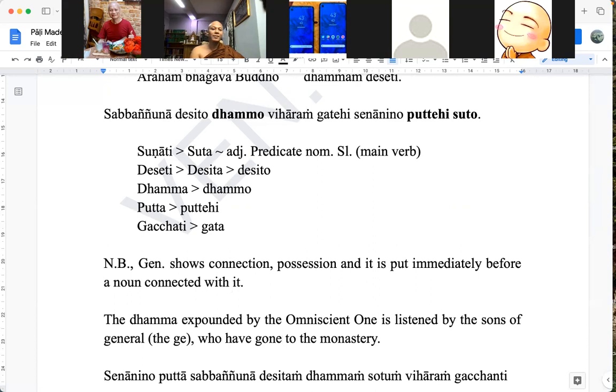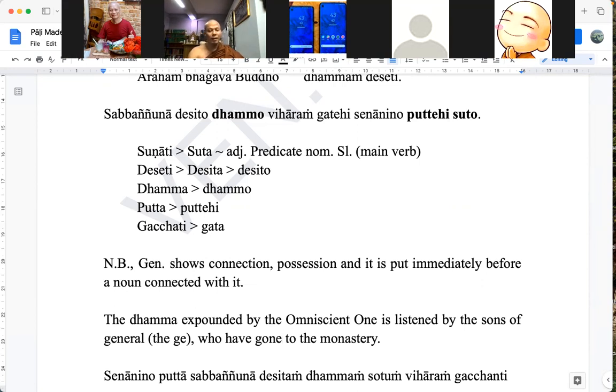Bante? Yes. I just want to ask, regarding the Desito Dhammo, can we translate it as the Dhamma that is expounded by the Buddha? That is expounded. Also okay.